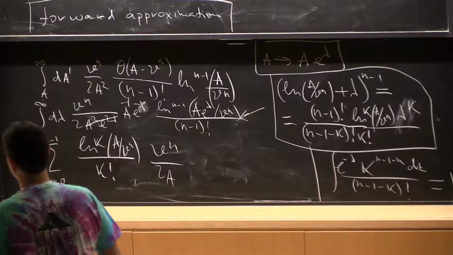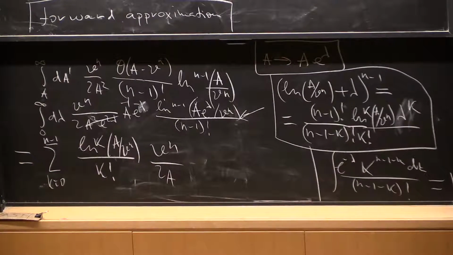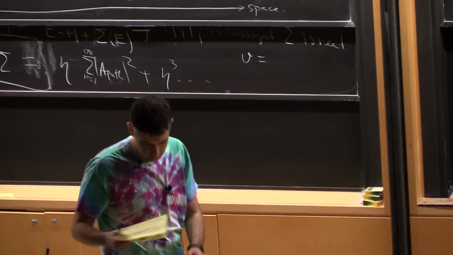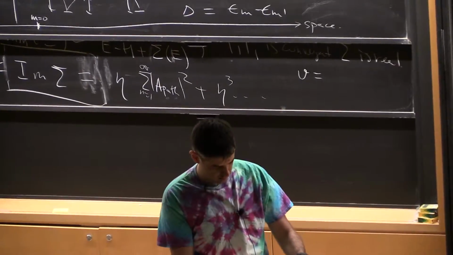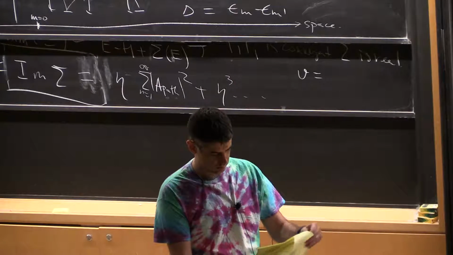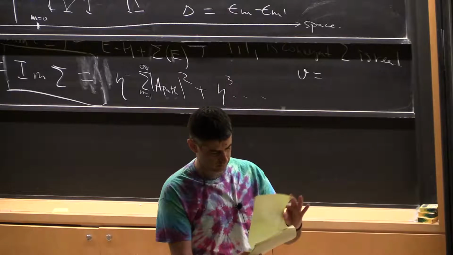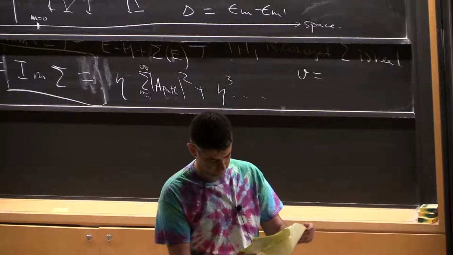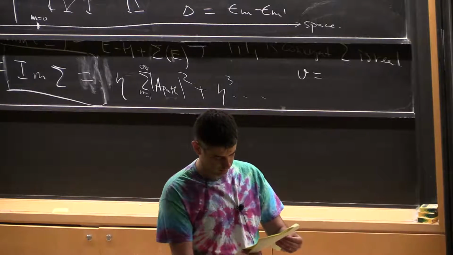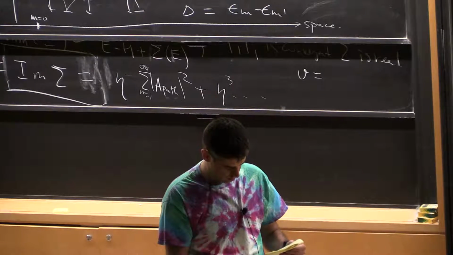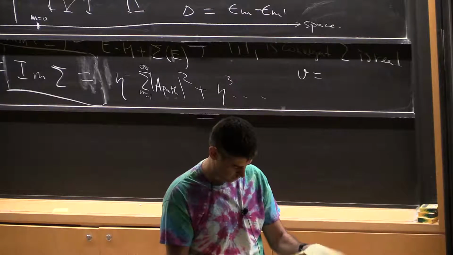V, oh, sorry, I defined that last time. V is disorder. V is, I have to look at my notes. It was a factor of 2 or something, maybe. Give me 1 second. Where was it defined? I did define it before jumping to the next stage. Okay.